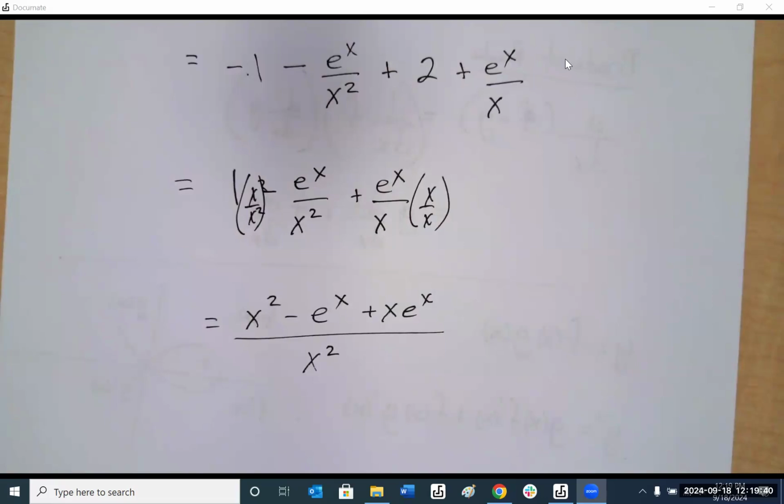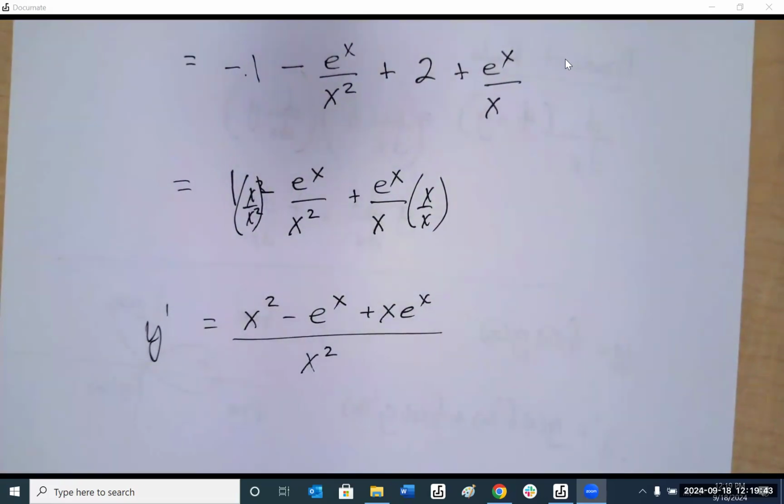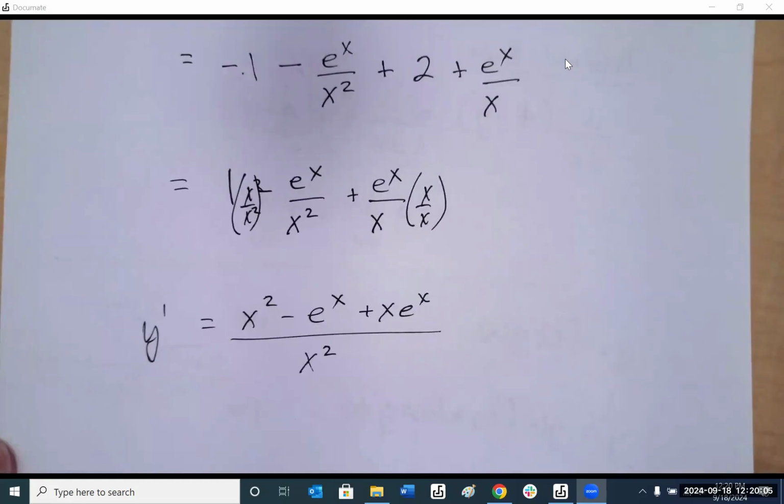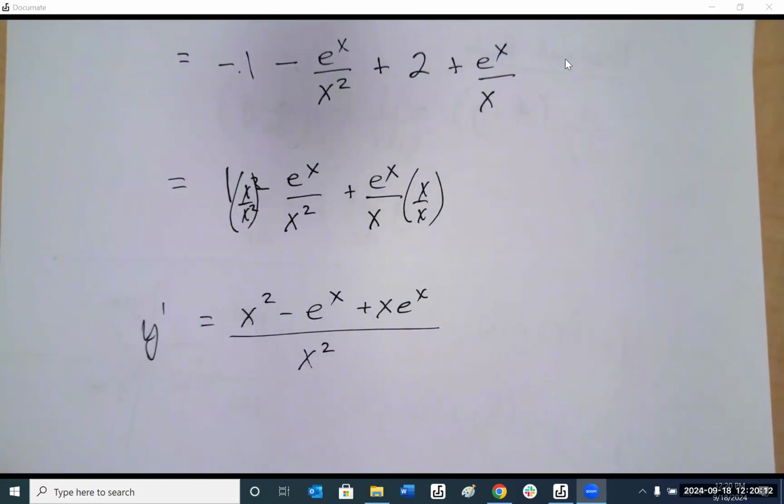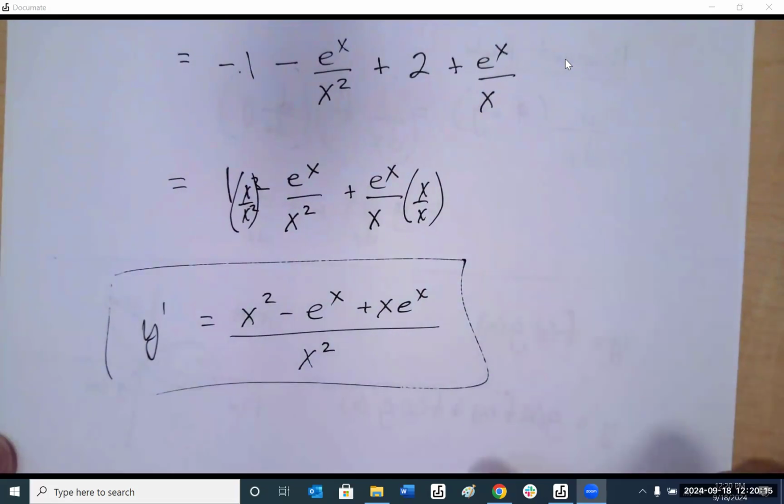There's your answer. There's your derivative. There are a couple ways you can write it, but this is the most simplified form. And the other one was e to the 2x. So that's your answer. That's your derivative.